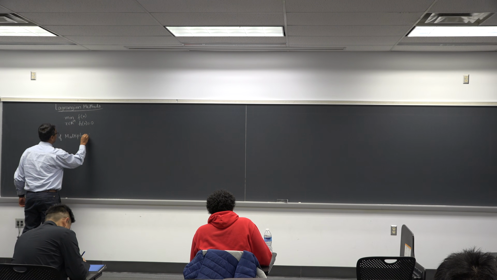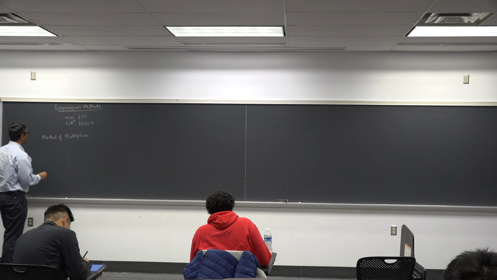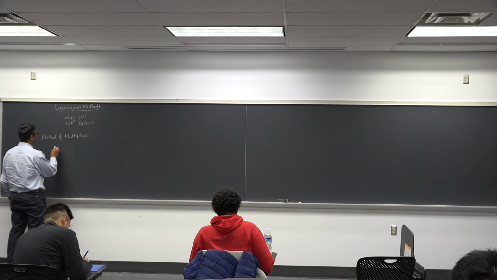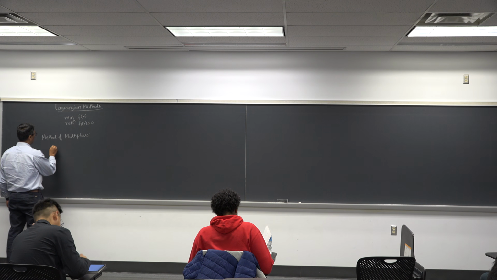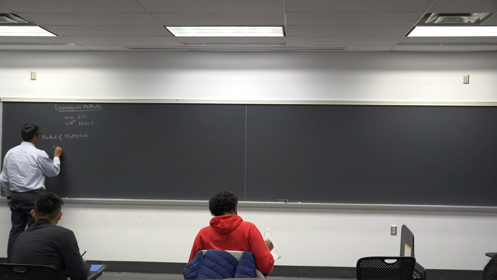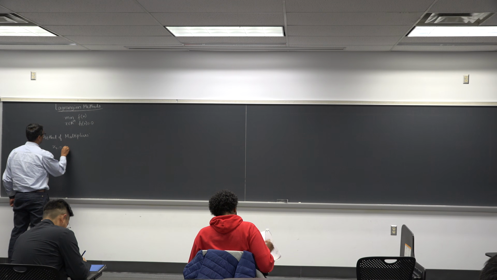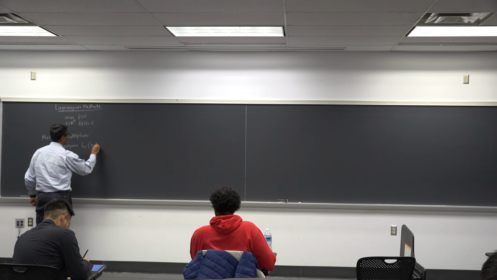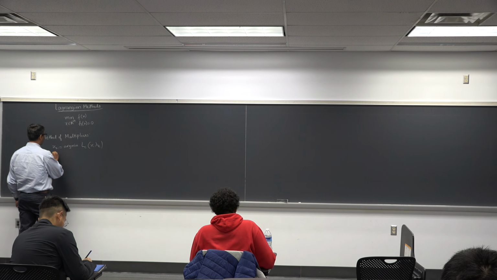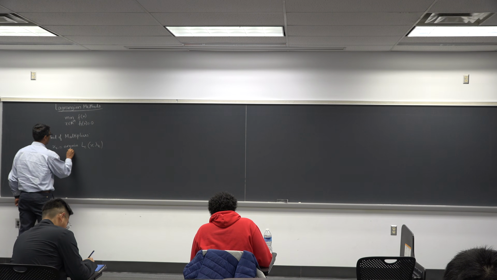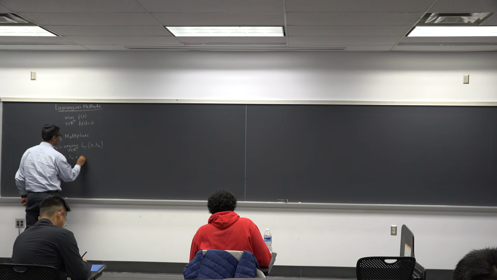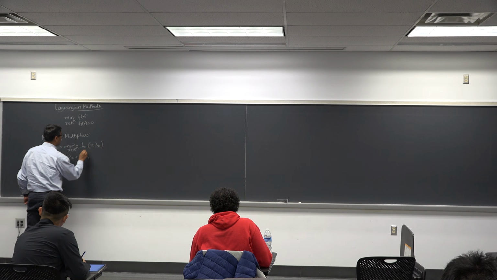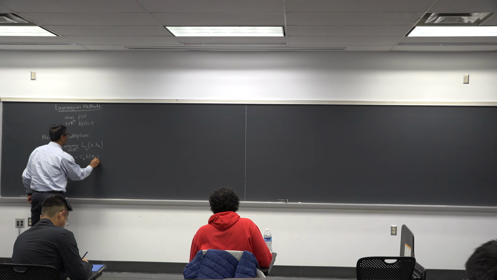Anyone remembers what this method is? It's also part of your assignment. So I define my x_k plus 1 equals argmin of L_c(x, lambda_k), with x in R^n, and lambda_{k+1} equals lambda_k plus c_k h(x_k).